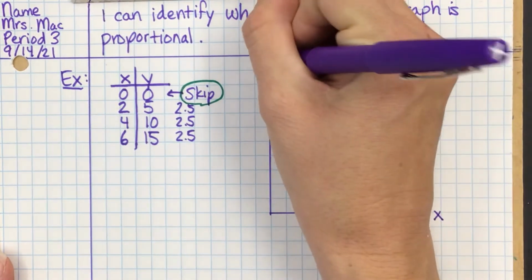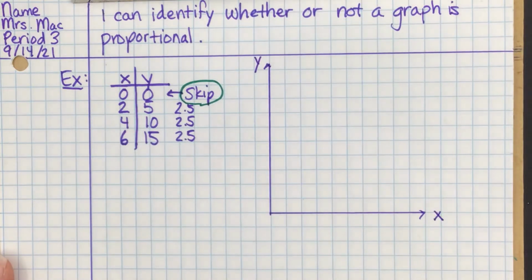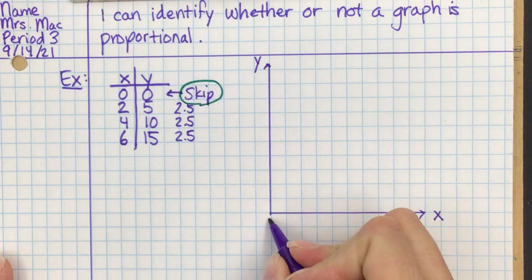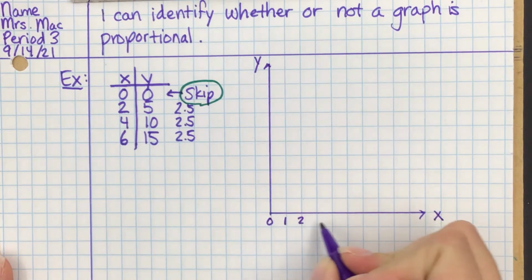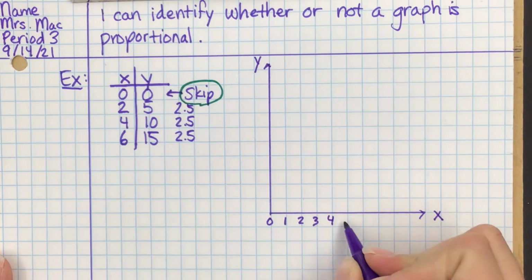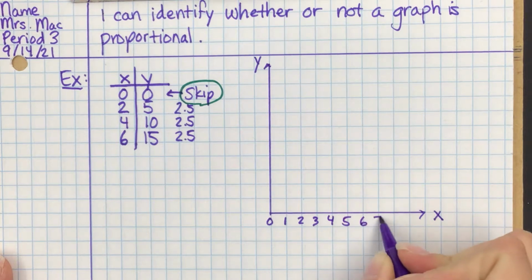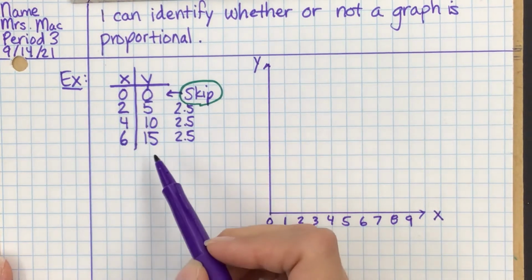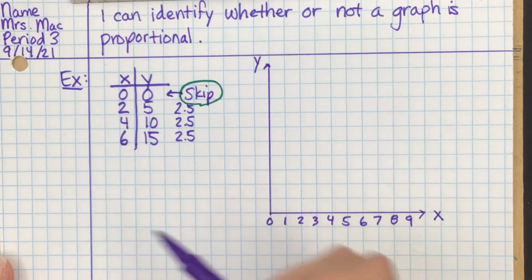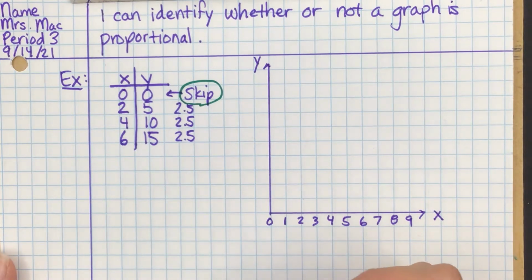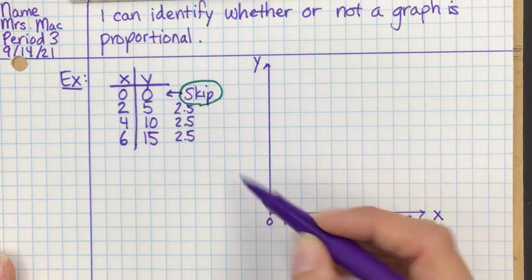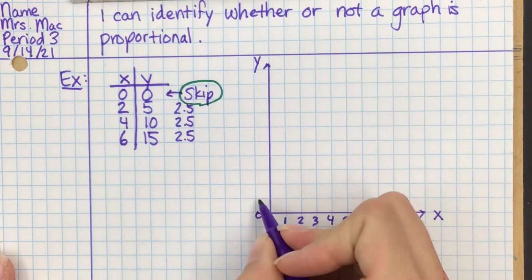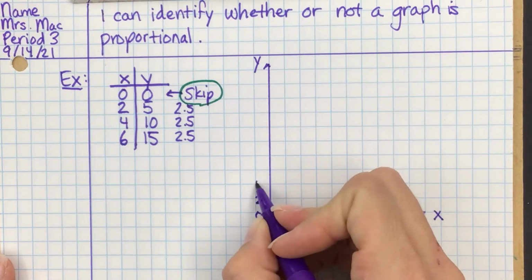This is my y-axis. It looks like my x's range from 0 to 6, so I'm going to go ahead and just go by a scale of 1 here on the bottom. Now my y values go all the way up to 15, and I do want to try to fit it on the same graph. So instead of going by 1s here, I'm going to go by 2s. So my scale for my y-axis is going to go by 2s.